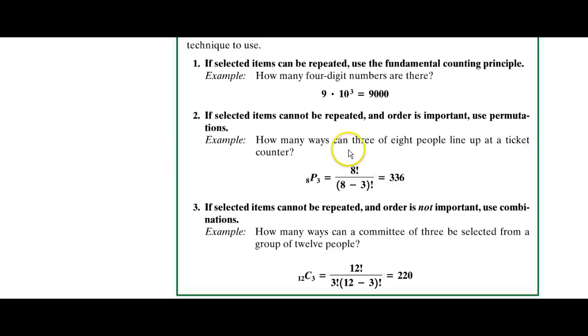How many ways can 3 of the 8 be counted? And it would be 8 altogether. Permutation, we're taking 3. So 8 factorial divided by 8 minus 3 factorial gives you 336.